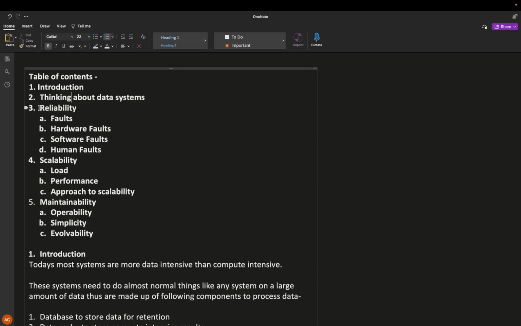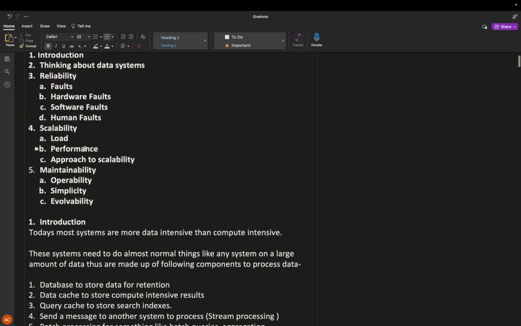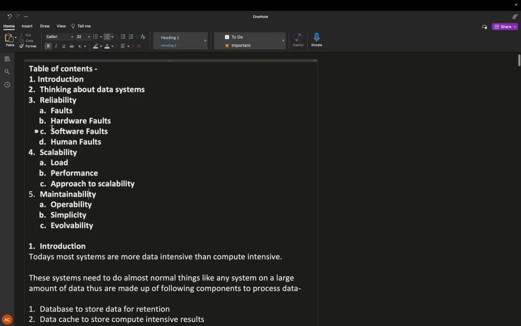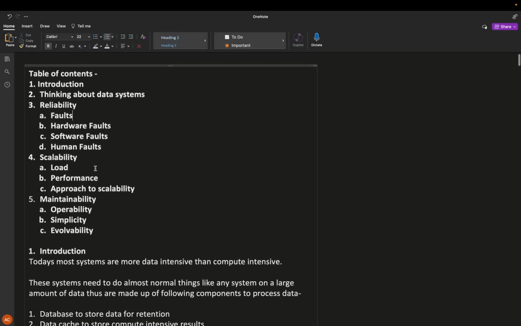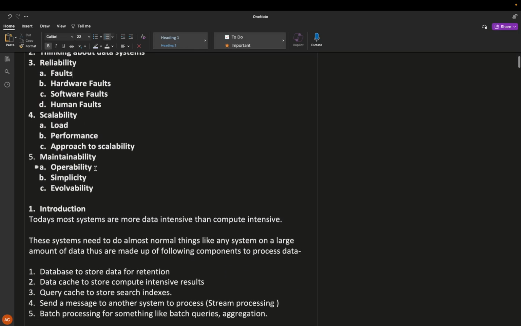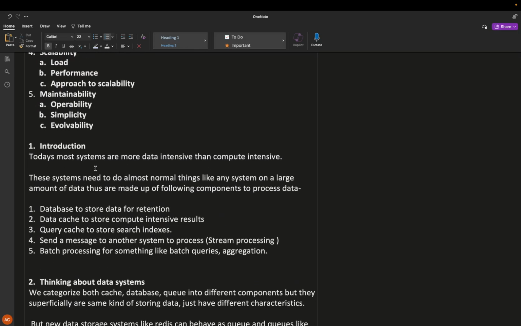Then I will talk about three system properties that are very much needed for any software that we make: reliability, scalability, and maintainability. These are the major points that we will be covering, and I will speak about them one by one.